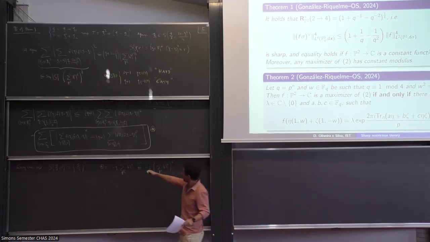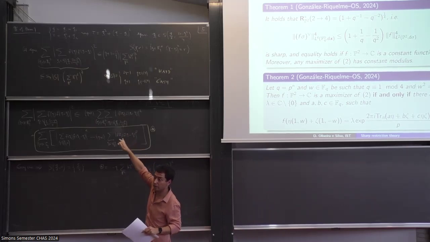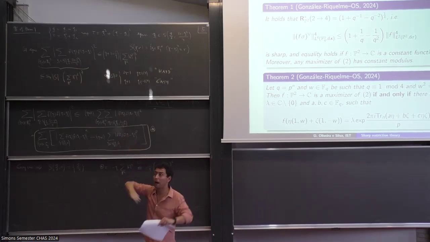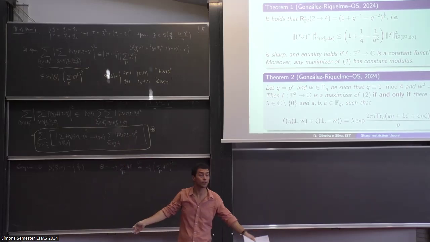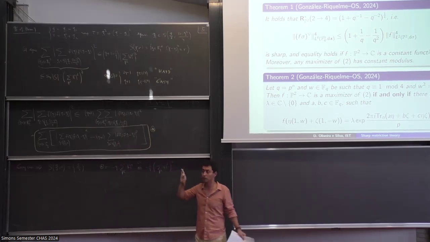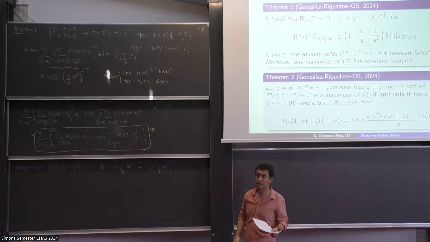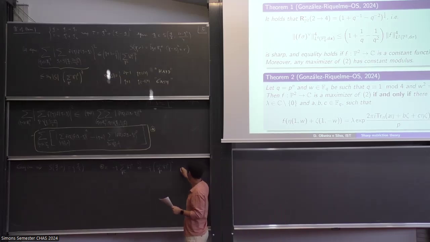And notice this minus 1 over q was what was missing when we did that very rough estimate, bounding it by the maximum number of points in any circle. And we had a q plus 1 in the easy case. Now we have q plus 1 minus 1 over q. That's the optimal cost. And you can check that all inequalities in this reasoning become equalities for the constant function. And so we're done. We're done for the easy case.